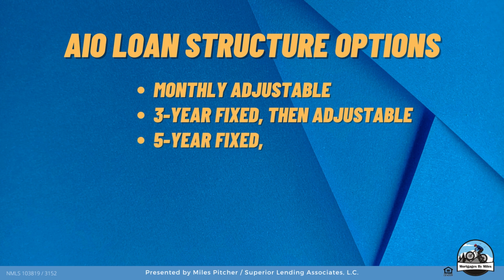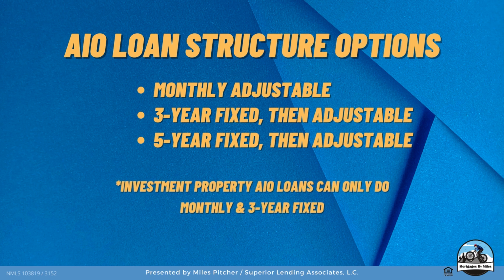The next and last option is the 5-year fixed and then adjustable. Just please note and remember that if you're doing the all-in-one on an investment property, at this point, your only two options are monthly adjustable or the 3-year fixed.